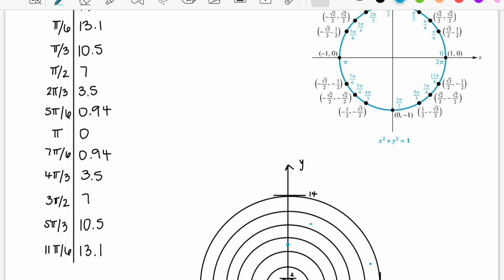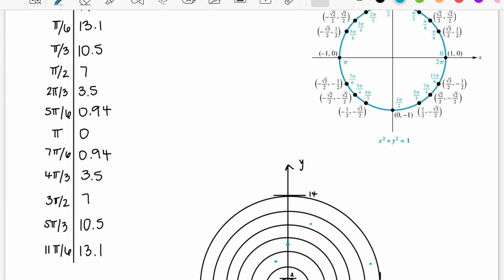Next, we have 2 pi over 3 and 3.5. So 2 pi over 3 is right about here. And then we'll have 3.5. So maybe this point there. Then we have 5 pi over 6, which is going to be this right here, is 0.94. So that's going to be right about there.